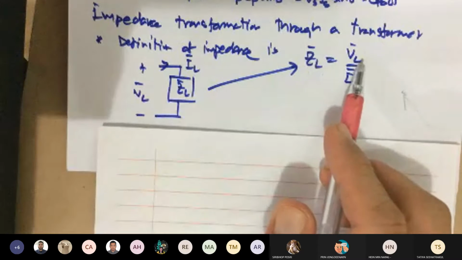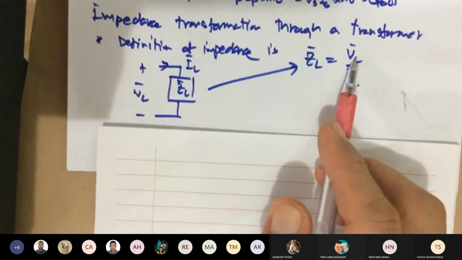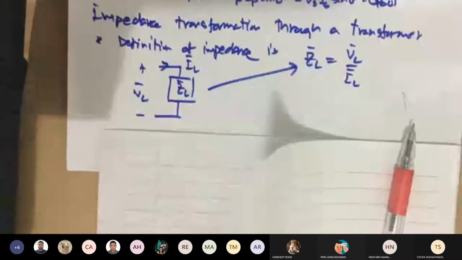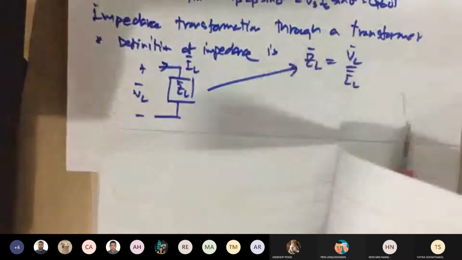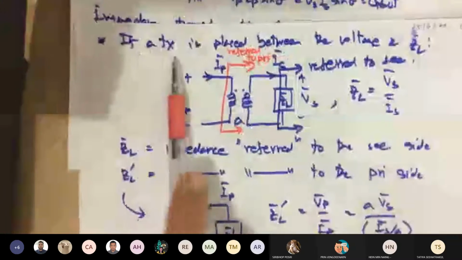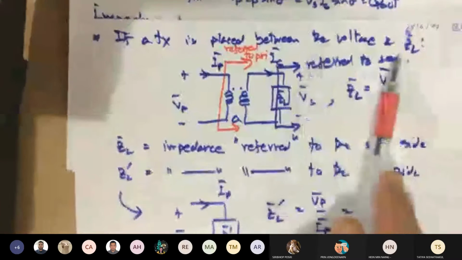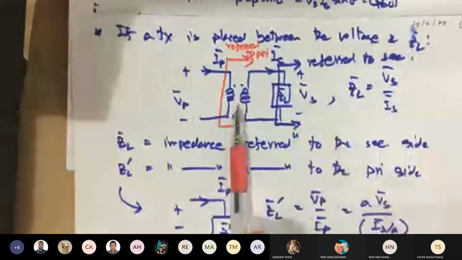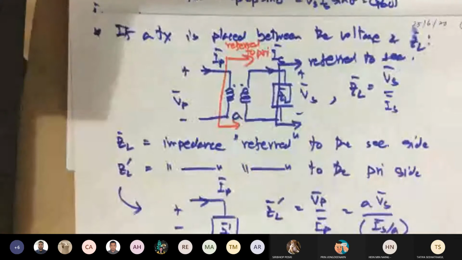Okay. Now, suppose I put a transformer across this load. Okay. If a transformer is placed between the voltage and your ZL, like this. Okay.